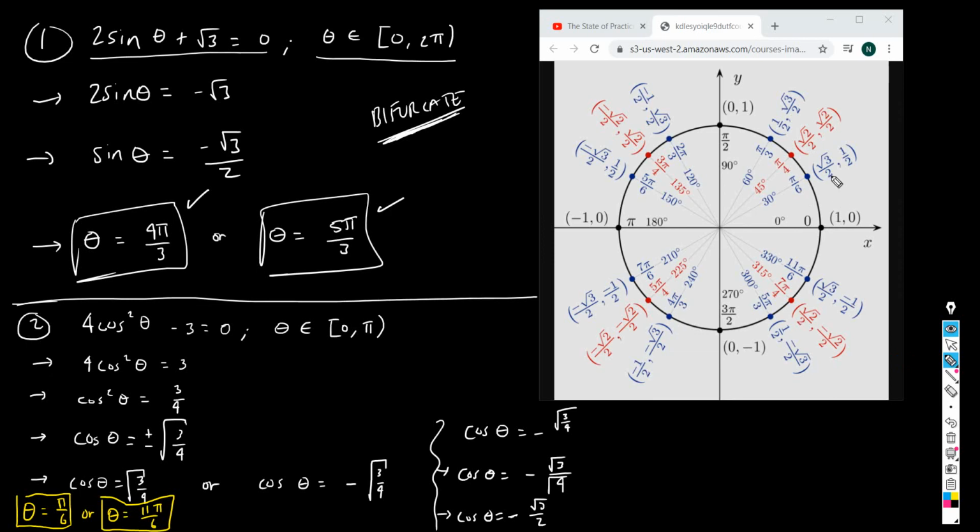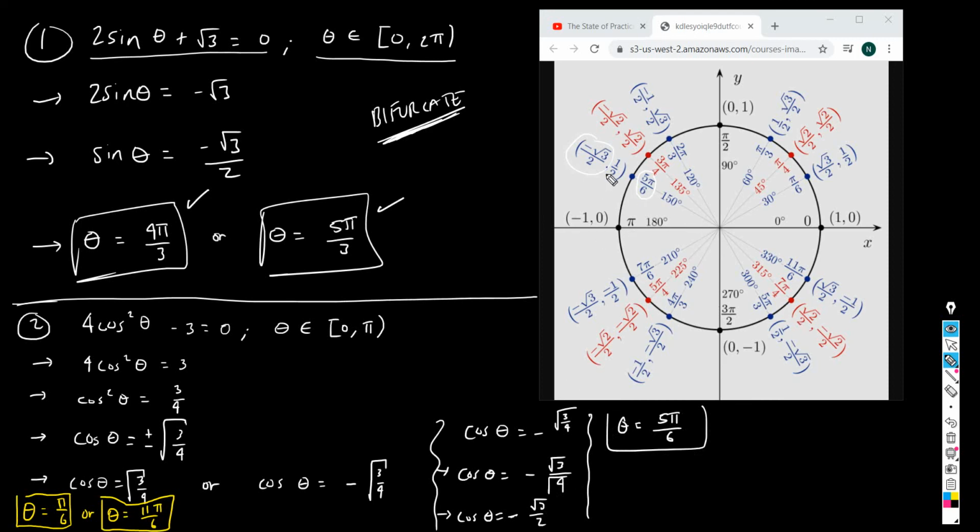So let's get started. No, no, no, no, no, no, no, yes. There it is, for an angle of 5 pi over 6. Okay, so my first solution is theta equals 5 pi over 6. That's my first solution. Now let's keep on looking.